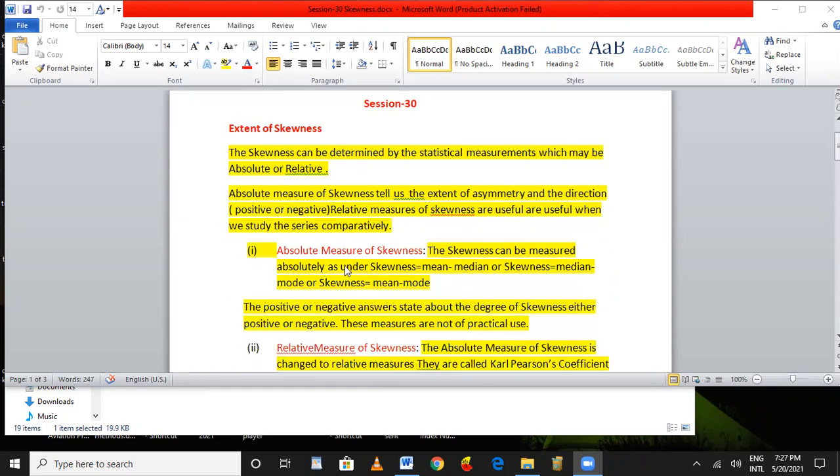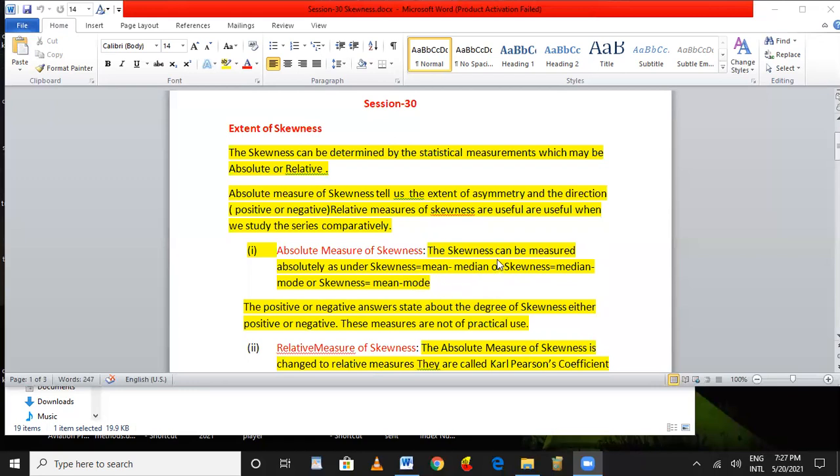The first one is the absolute measure of skewness. Skewness can be measured absolutely as: skewness is equal to mean minus median, or skewness is equal to median minus mode, or skewness is equal to mean minus mode.